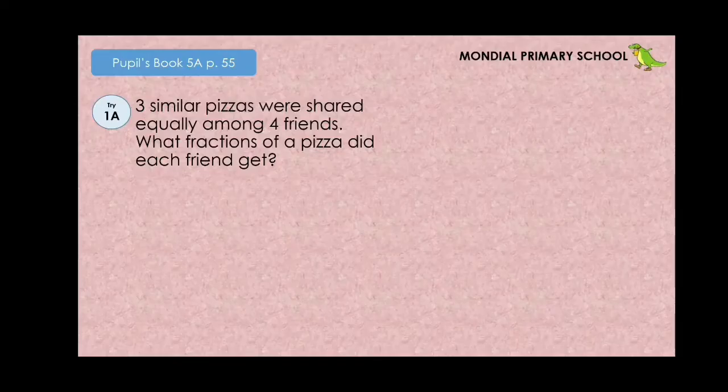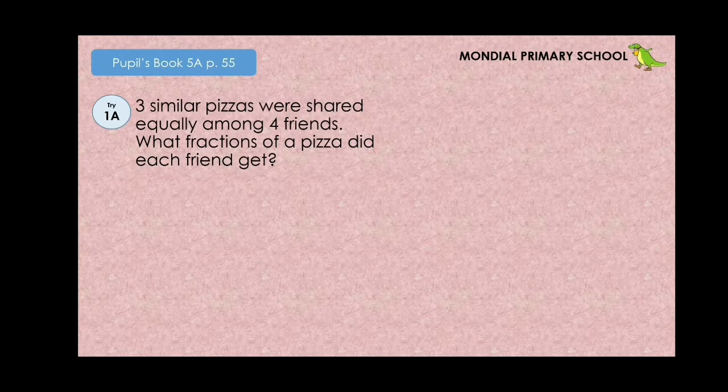Let's start, everyone. Look at try 1A, page 55. Okay, let's read together. 3 similar pizzas were shared equally among 4 friends. What fractions of a pizza did each friend get?